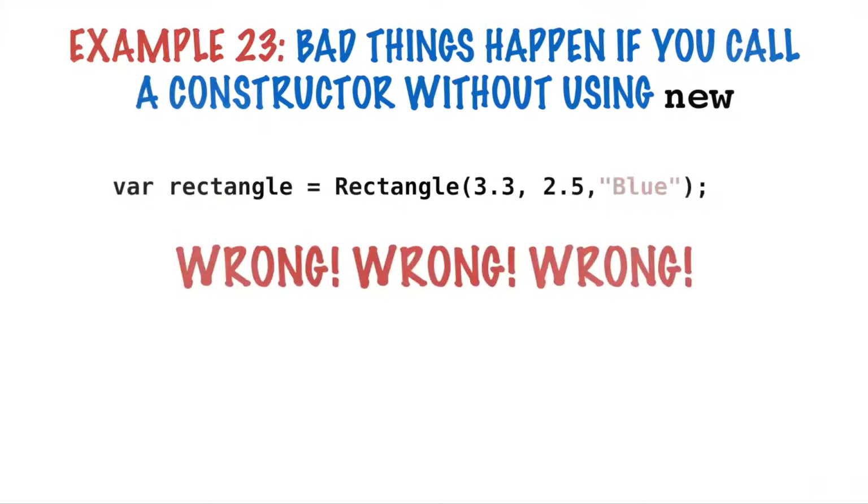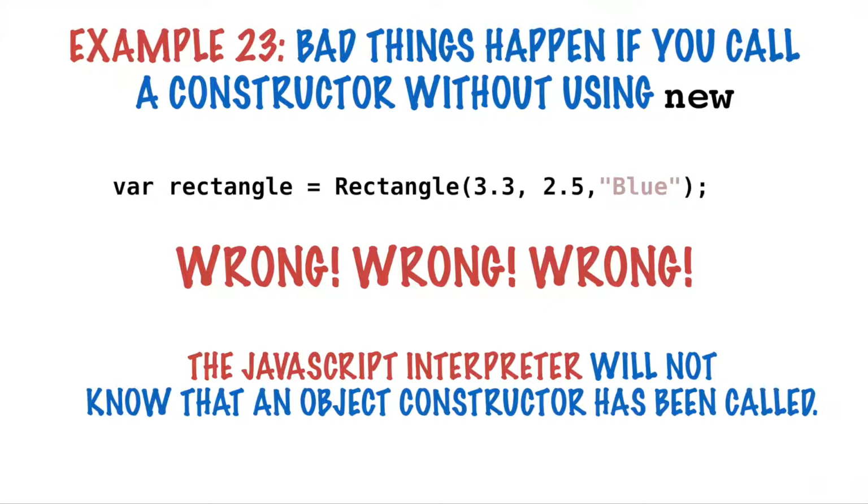Something pretty bad. This is completely wrong, and in fact will be an error. The JavaScript interpreter basically will not know that an object constructor has been called. And if you remember, within the rectangle object constructor, we referenced this.